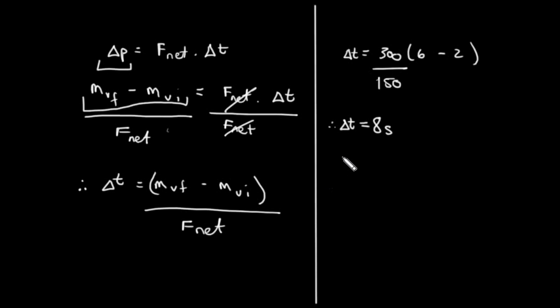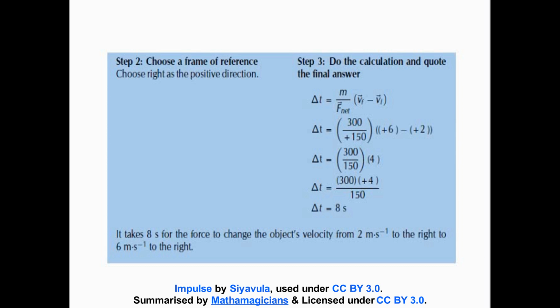If we have to quote our final answer, it takes 8 seconds for the force to change the object's velocity from 2 meters per second to the right to 6 meters per second to the right. That is the time for the force to change the object's velocity.